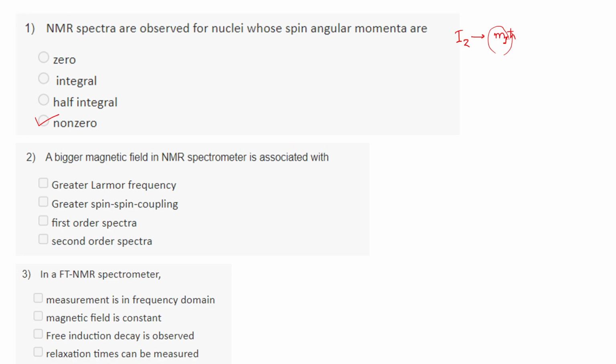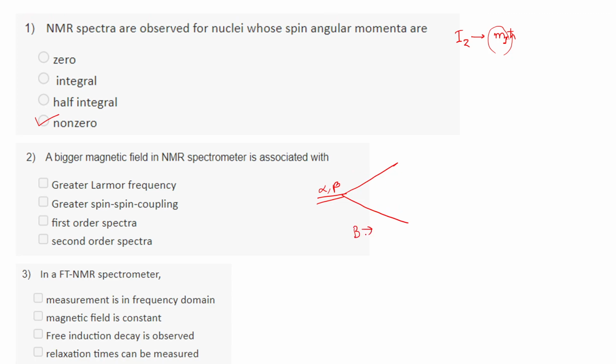Now the second question: a bigger magnetic field in the NMR spectrometer is associated with what? As I have shown, this is your degenerate state, alpha and beta. Here alpha will be stabilized and beta will be destabilized.